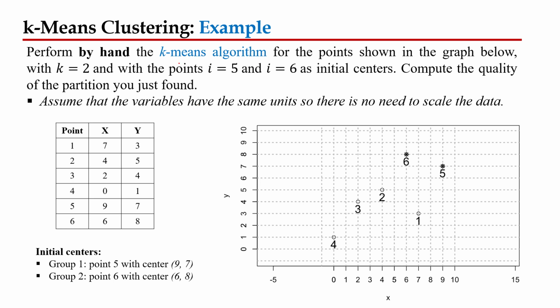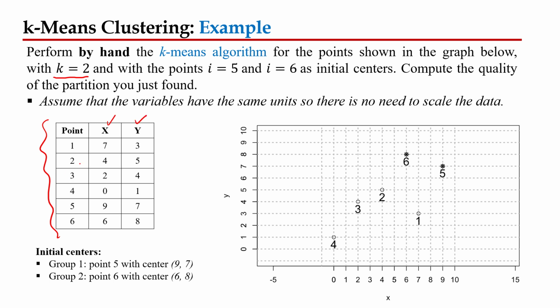Right now we have decided to divide our data points into two clusters, and these are the six data points we have. We want to divide these six data points into two clusters, and the features, or key variables, we have are two: x and y.